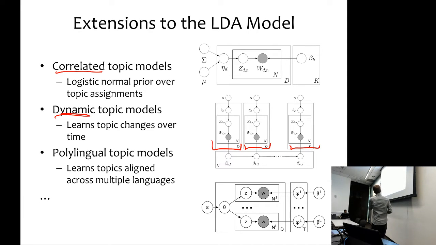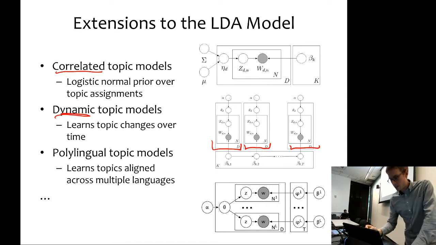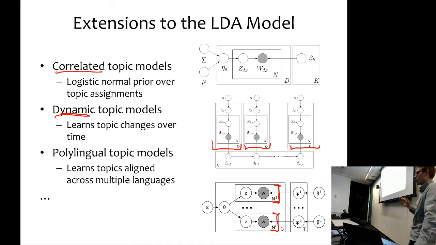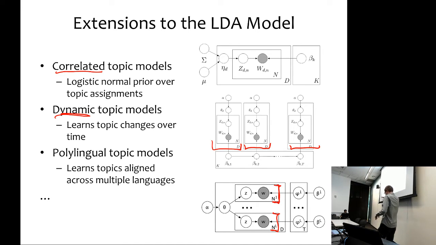And then polylingual topic models are useful, say, if you have something like Wikipedia, where for each document you have maybe not exact translations of the document, but comparable versions of a Wikipedia page, right? If you go to the English and Spanish Wikipedia pages for a particular topic, they're not going to be identical.